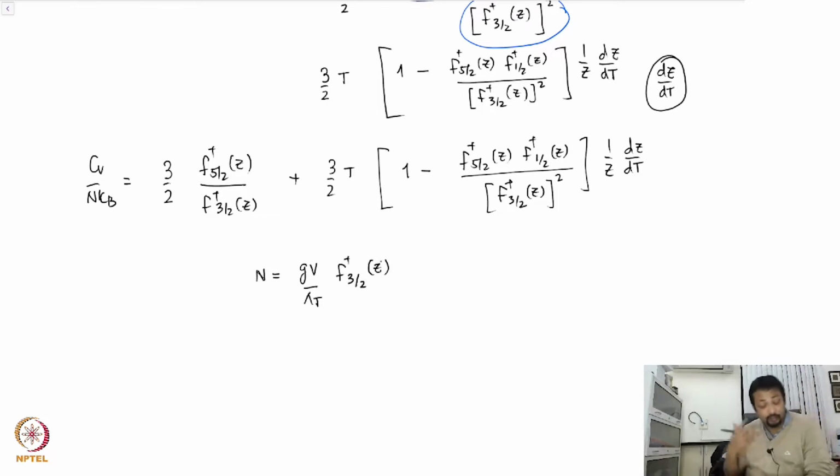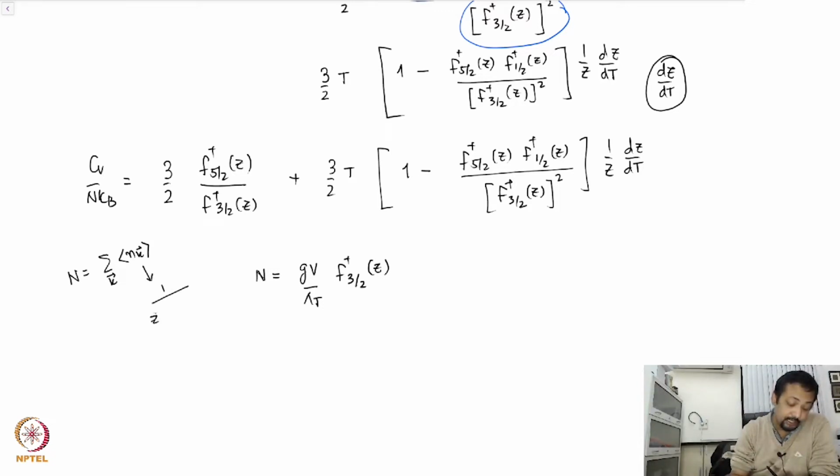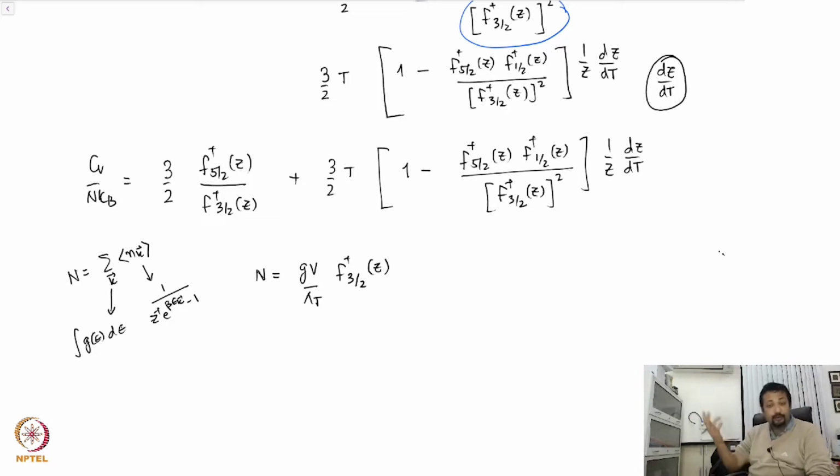If you do not recall how we got this, we wrote down the total particle number as the sum over the average occupation number in the energy levels k, which has the expression 1 over z inverse e to the power beta epsilon_k minus 1, and turned this sum into an integral in terms of the density of states g(epsilon) d epsilon, where g(epsilon) goes as epsilon to the power half, and then we got this result.